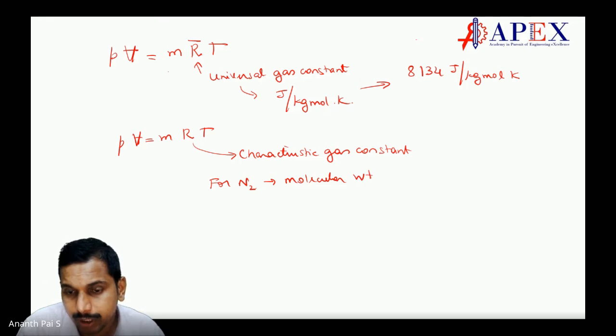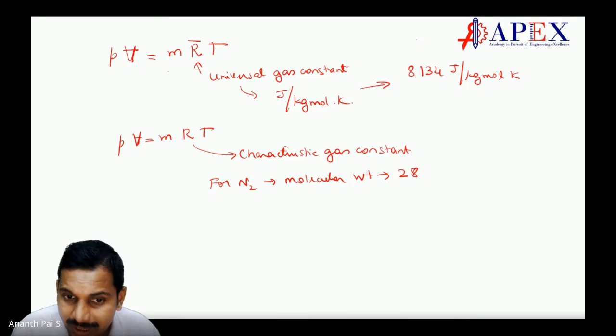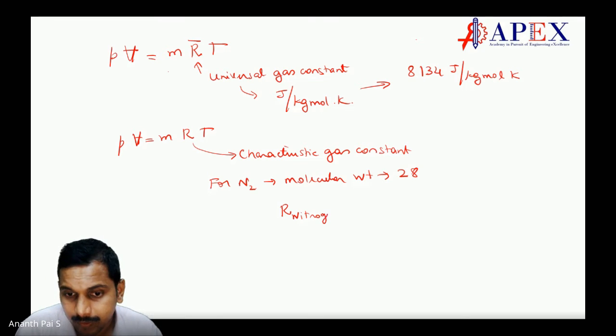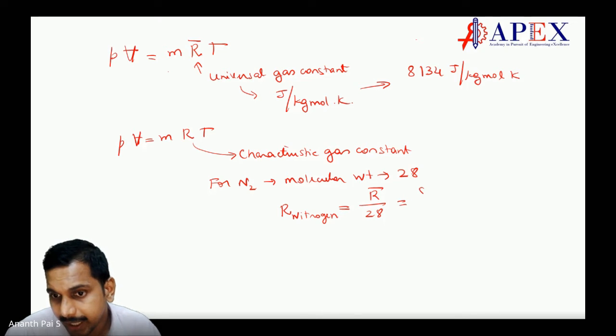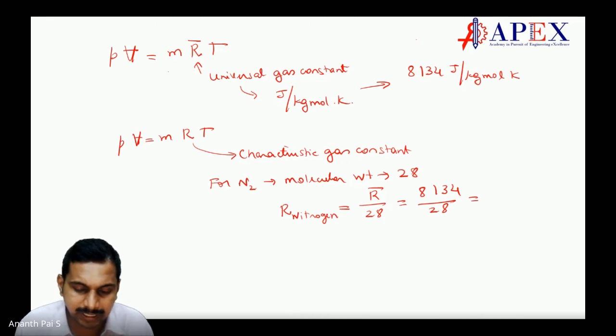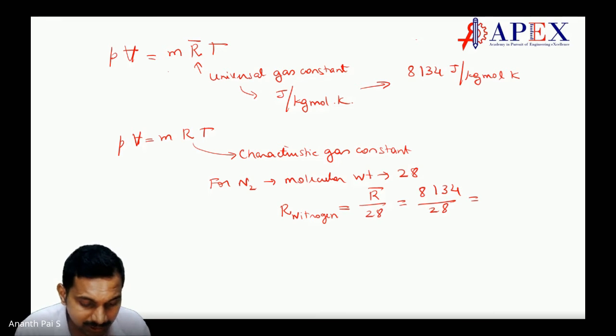It is 28, is it not? So what is the R for nitrogen? For nitrogen, R is equal to R bar by 28 kgs. And this comes out to be 8134 divided by 28. Whatever the answer you get, that is the characteristic gas constant of nitrogen.